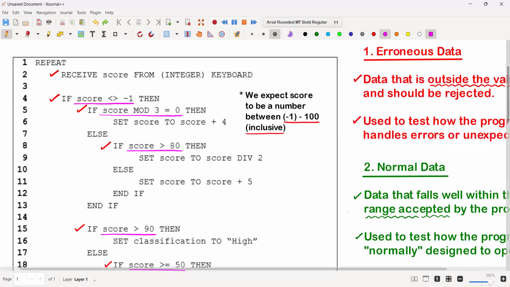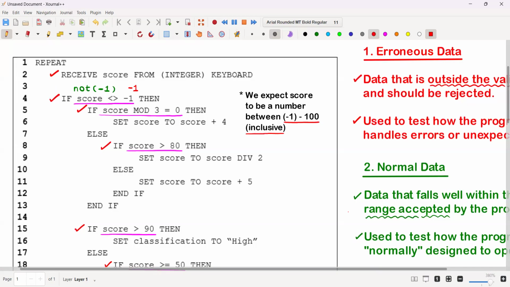The idea here is for this particular condition, the normal data is, of course, anything that's not -1. Anything that's not -1 is normal. Anything that's exactly -1, that is considered erroneous, right? Because this program only works if the input is not -1.